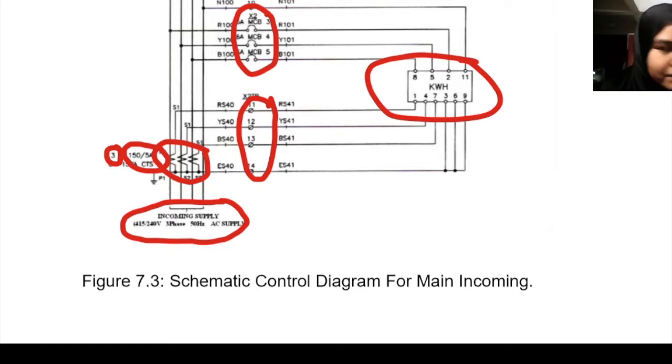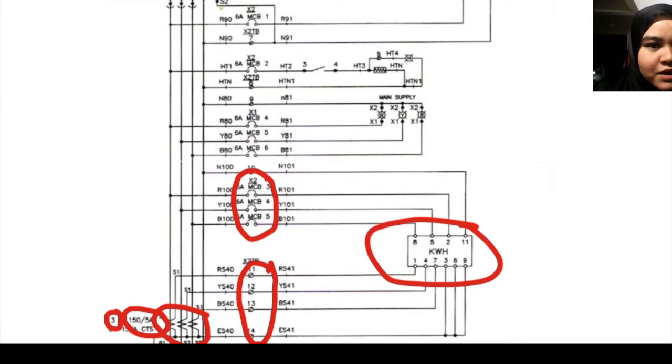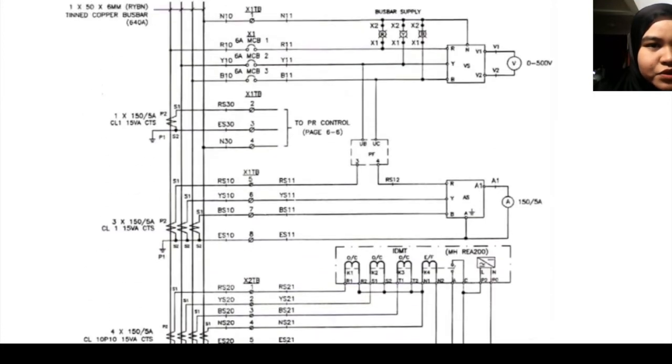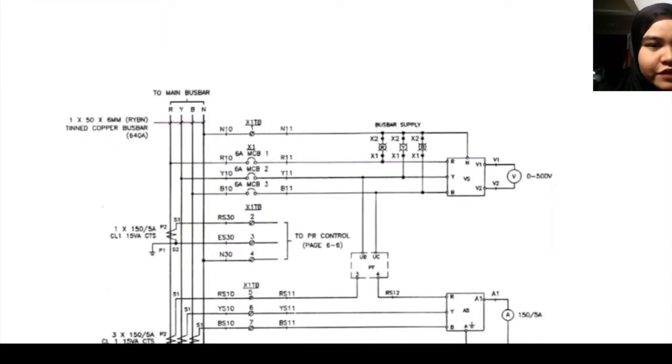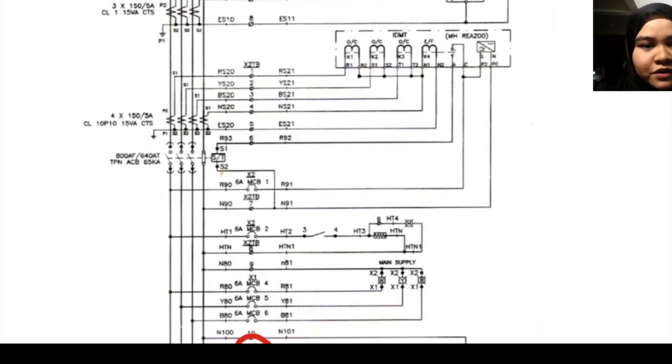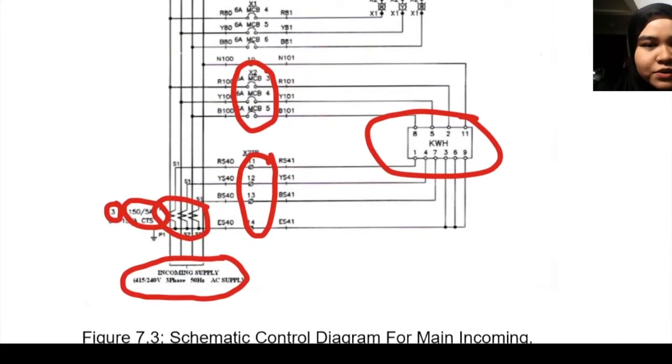And then there are also 3 phases at the load to the main bus bar, which are red, yellow, blue and neutral. So this MCB will connect to red, yellow and blue, and this one at the kilowatt hour meter will connect to the neutral part.